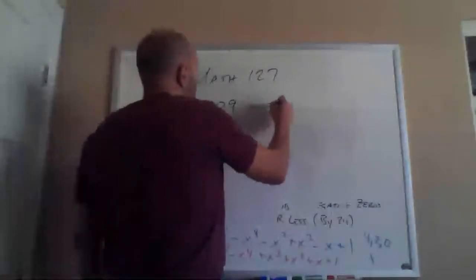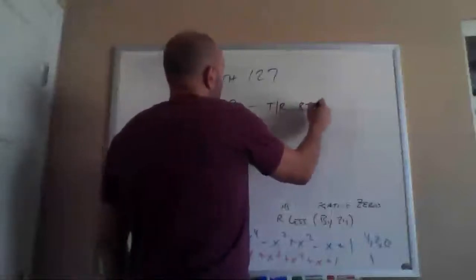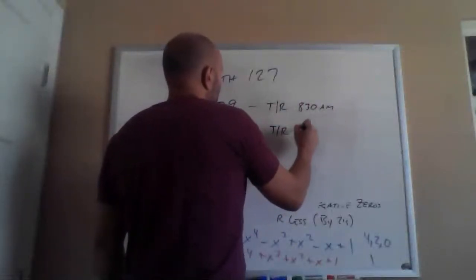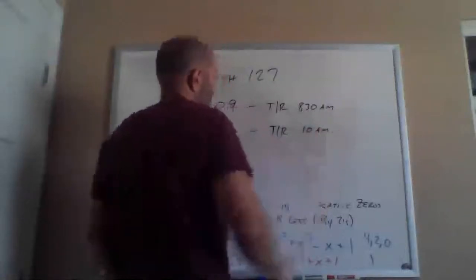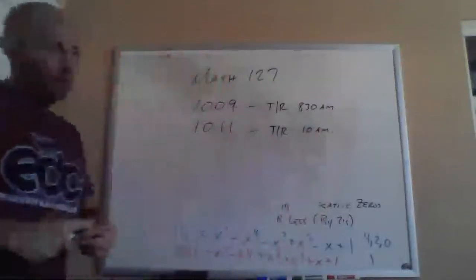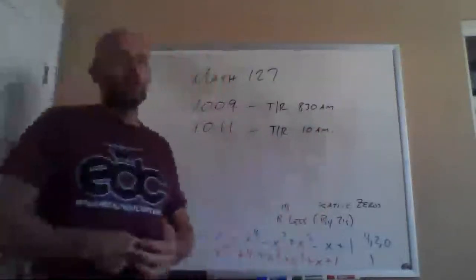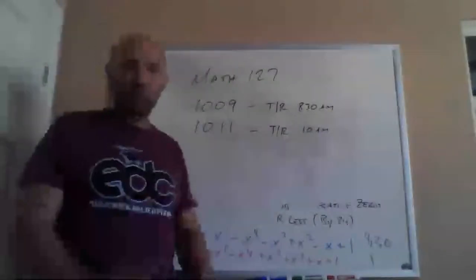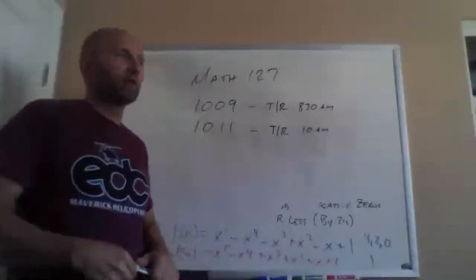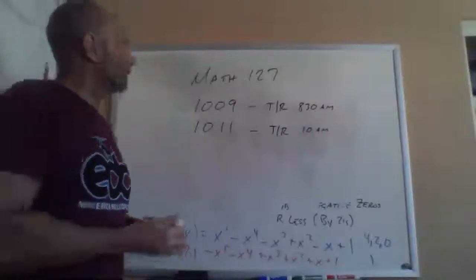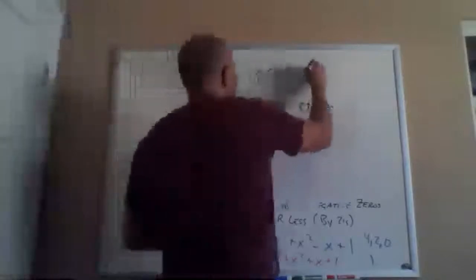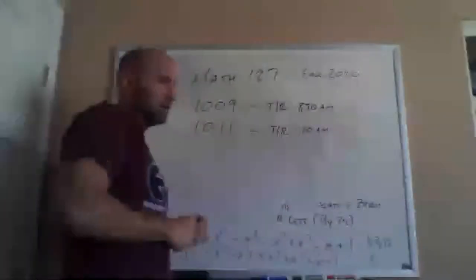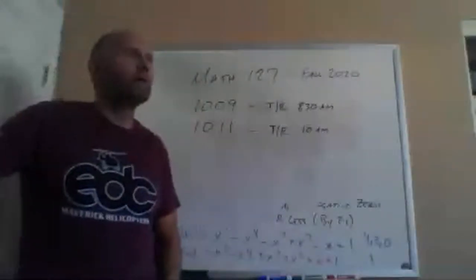This is Tuesday, Thursday at 8:30 a.m., and this is Tuesday, Thursday at 10 a.m. I know right now if you were to look at my UNLV listing, it's just going to say staff because they haven't started assigning anybody to any classes yet for the fall. This is fall 2020, and these are the ones I'll be requesting.